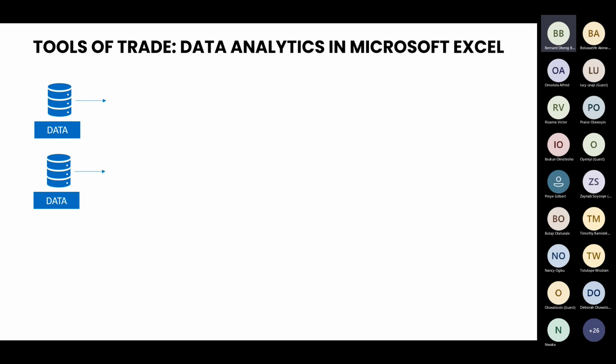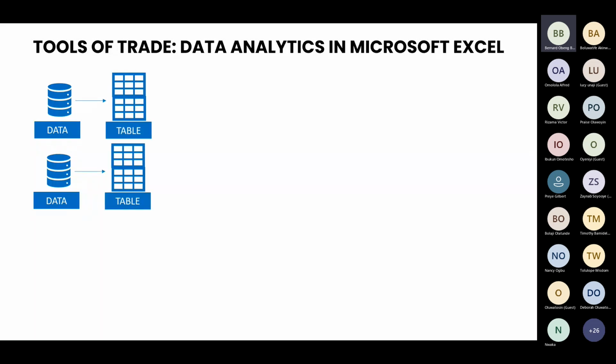So data comes in different forms in Microsoft Excel. We can take it from CSV files, we can take it from online, we can take it from folders, even PDF is possible and pictures is possible. So when data comes in, we prefer to keep the data in what we call tables.